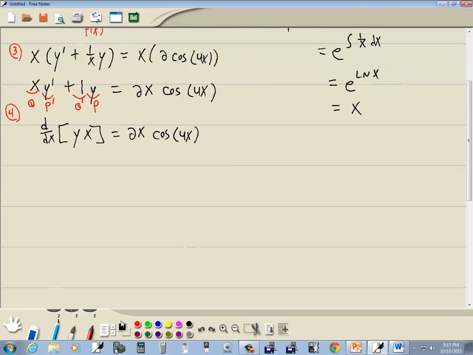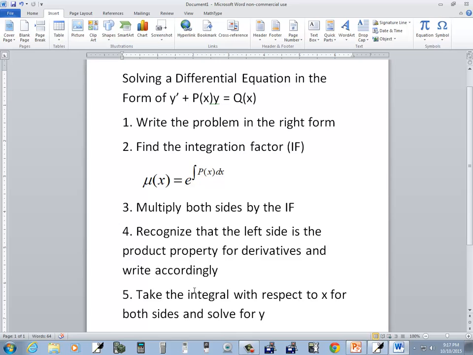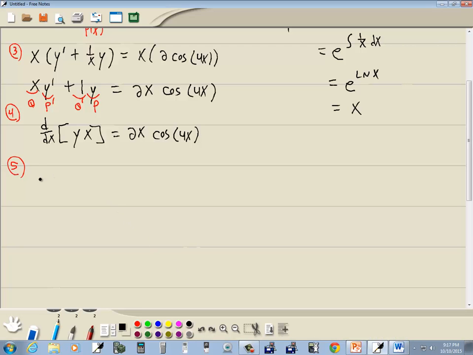Step 5. We want to take the integral with respect to x for both sides and solve for y. So we'll take the integral of this derivative with respect to x, and we'll take the integral of this side with respect to x.